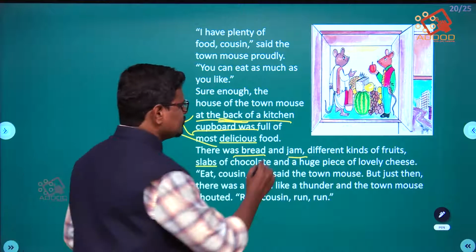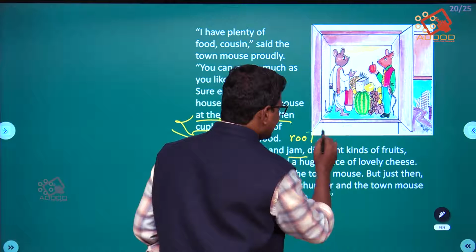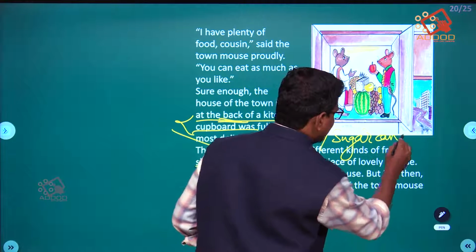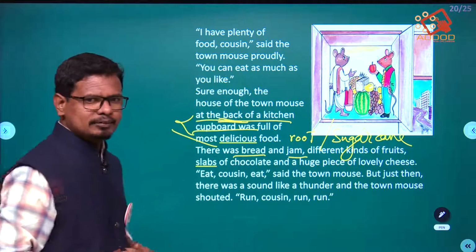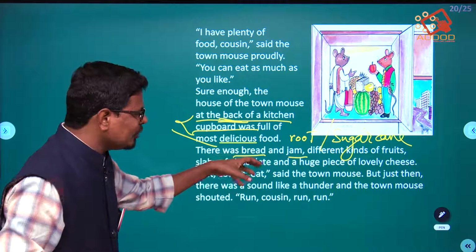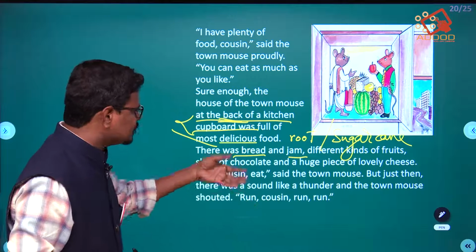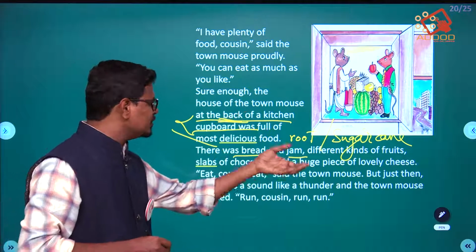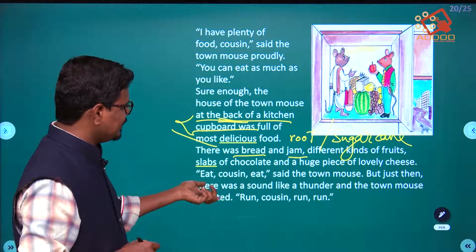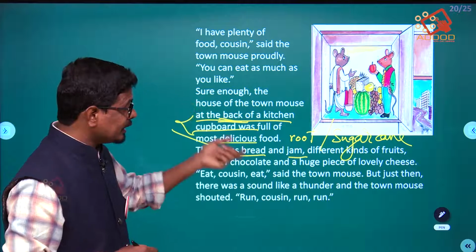It got used to eating roots or sugar cane. So that would be tasty for it. But here the town mouse has shown chocolate, a huge piece of lovely cheese, jam, bread, everything. So he also suggested taking whatever.